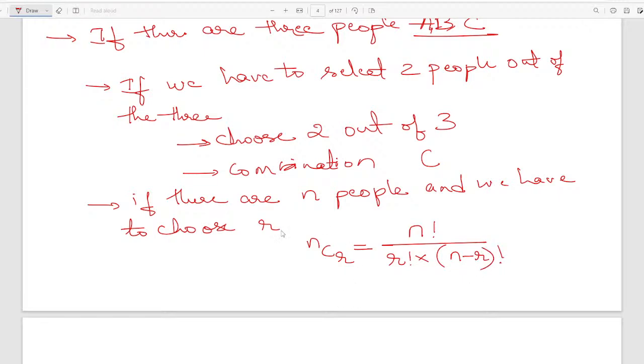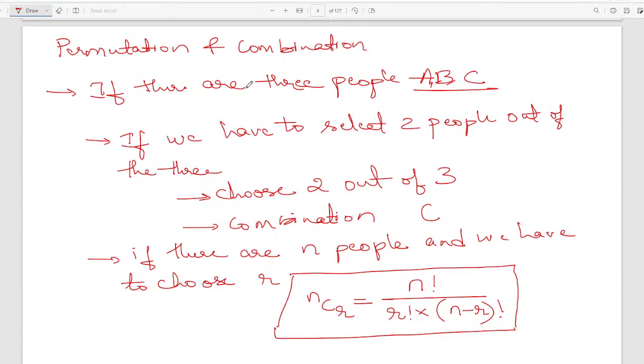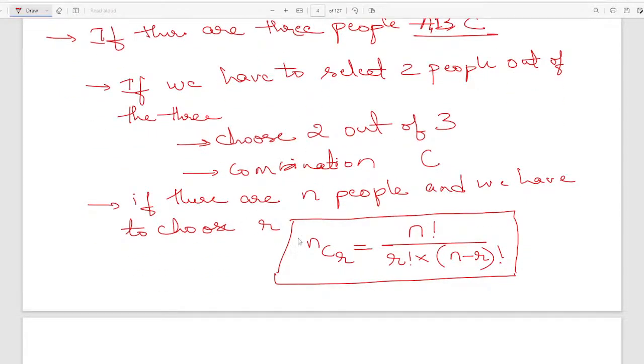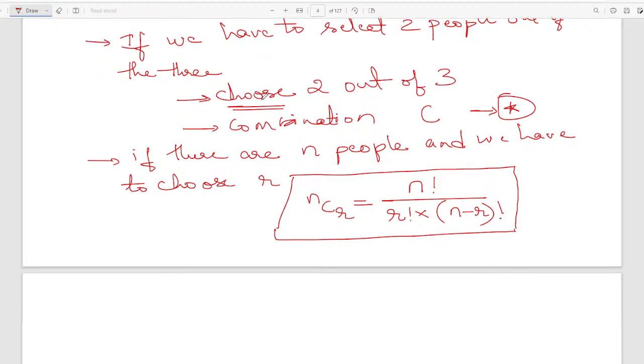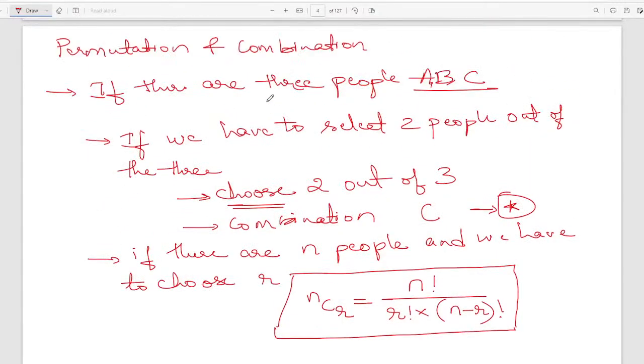This is the formula for choosing R people out of n people. When you are choosing people without considering the order, that is called combination. I hope this is clear.